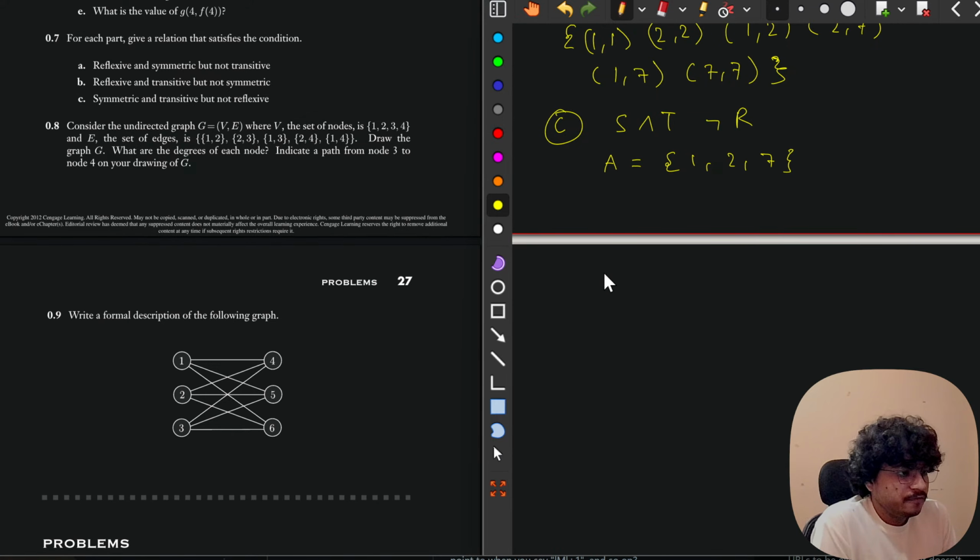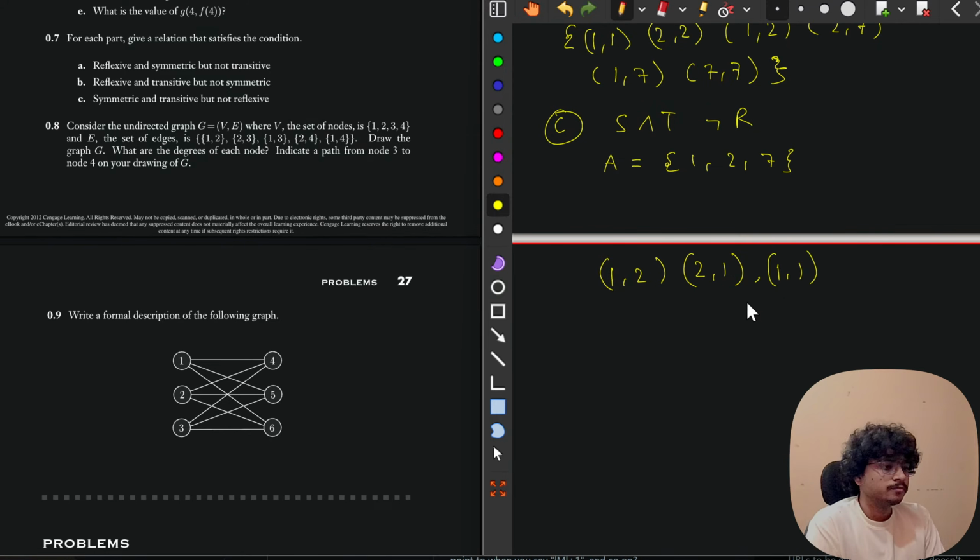We will make a set such that we have 1 comma 2, we have 2 comma 1, we must have 1 comma 1, and I think that is fine. This relation is not reflexive, of course, because we don't see 2 comma 2, but it is transitive eventually because we have 1 comma 2. Okay, yes, it's fine. This relation already satisfies.